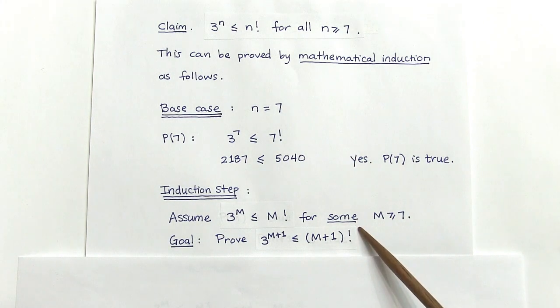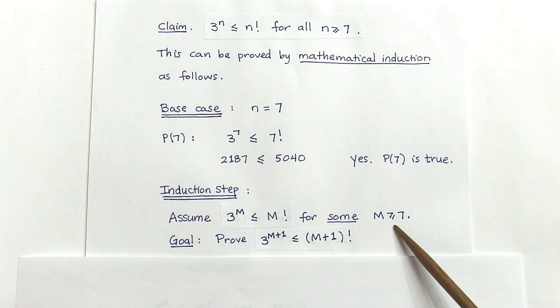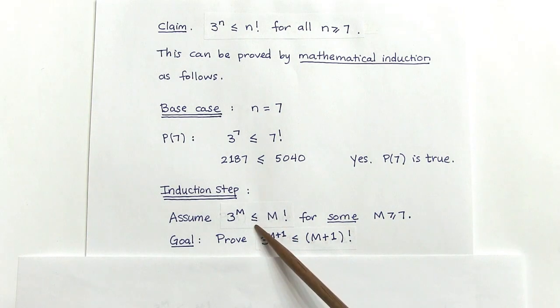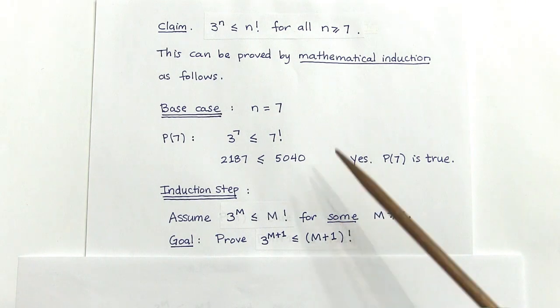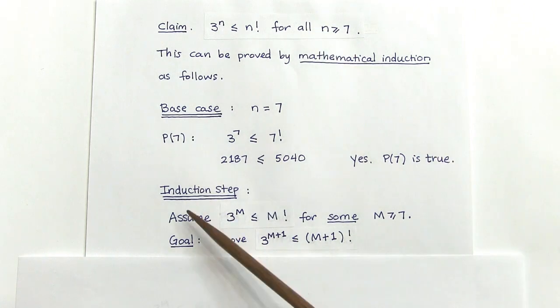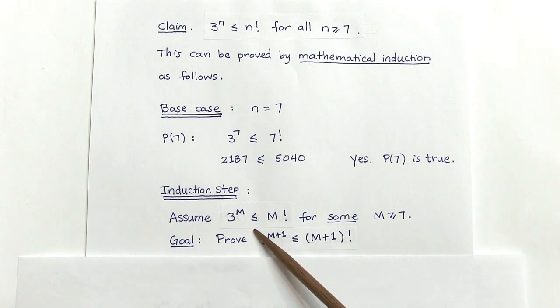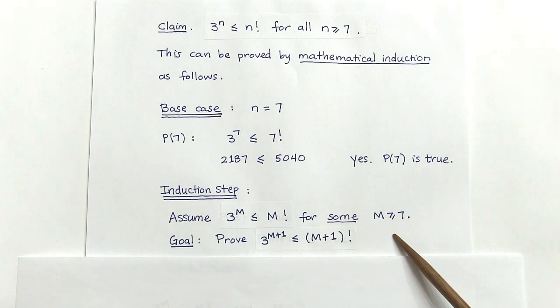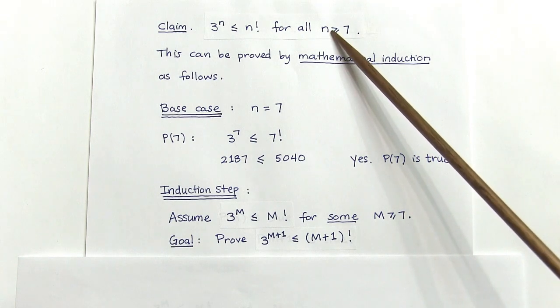So there is a value m greater or equal to 7 for which this is true. Notice, I'm not assuming what I'm trying to prove. I'm not assuming that the predicate is true for all values of m greater than or equal to 7.